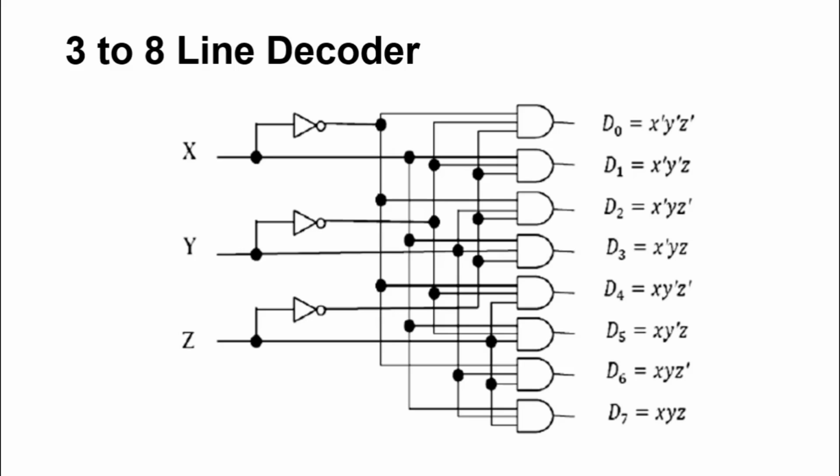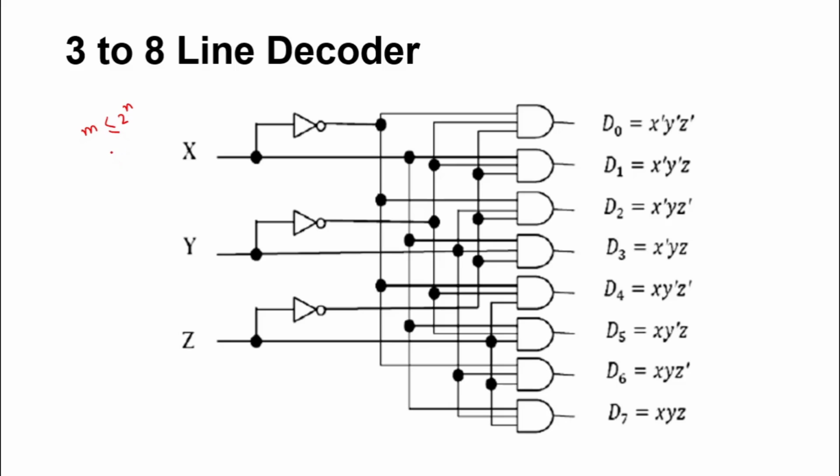If the n-bit decoded information has unused or don't care combinations, the decoder output will have fewer than 2 to the power n outputs. The decoders presented here are called n to m line decoders, where m is less than or equal to 2 to the power n.